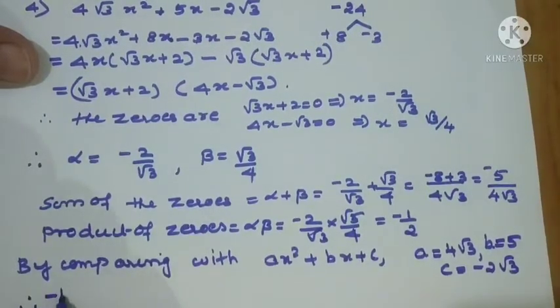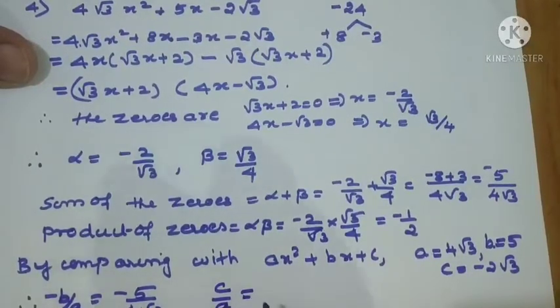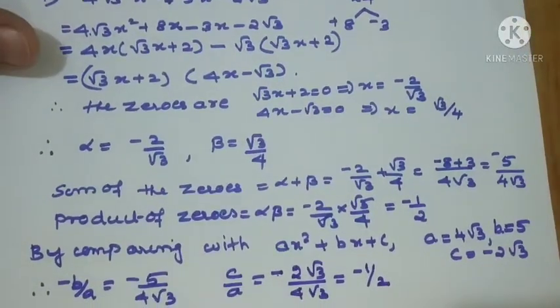Therefore, minus b by a equal to minus 5 by 4 root 3. c by a equal to minus 2 root 3 by 4 root 3. Right? So it's equal to minus 1 by 2.